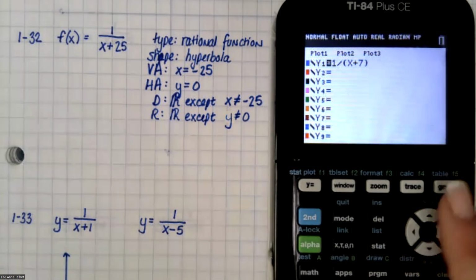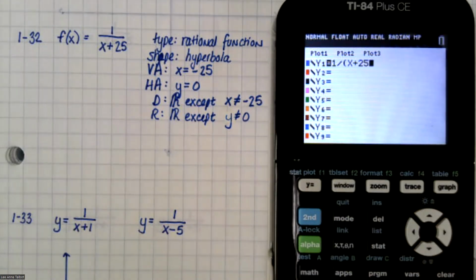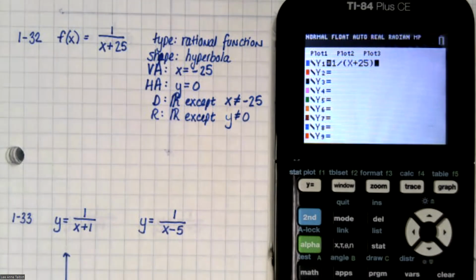Otherwise, go ahead and put in 1 divided by parenthesis x plus 25 parenthesis. Make sure that none of your plots are highlighted up above. Those should not have the black box around them. Okay.